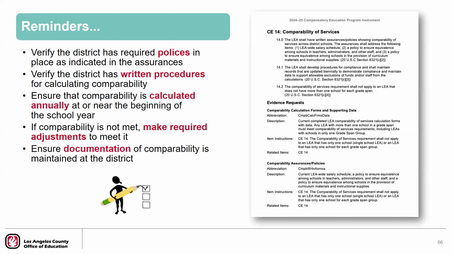And so if your LEA receives Title I Part A funds, be sure to verify that your LEA has these required policies and procedures in place and is also annually completing the required calculations and making any needed adjustments.